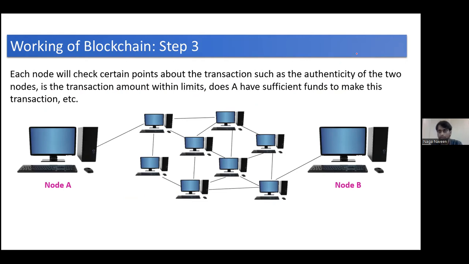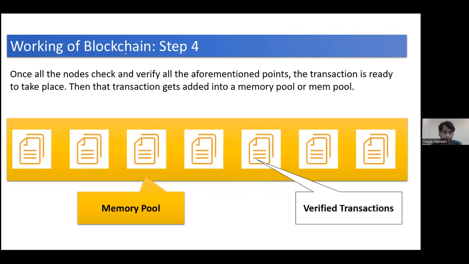After doing this, nodes will verify this transaction as a legitimate one. Remember, this is not validating the block. This is just validating a transaction, right? Next, once all the nodes check and verify all the aforementioned points, the transaction is ready to take place.